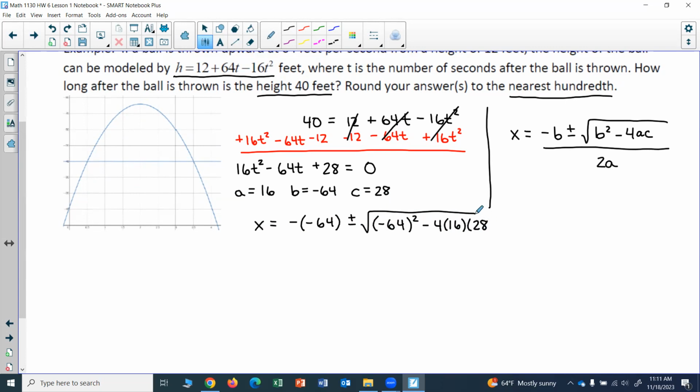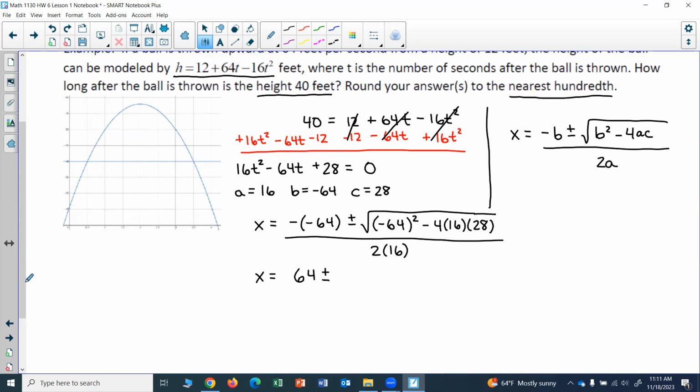So 4 times a times c. And that entire expression is over 2 times 16, 2a. I like to solve these in steps. The double negative, negative negative 64, gives me a positive 64. I'll have plus or minus.